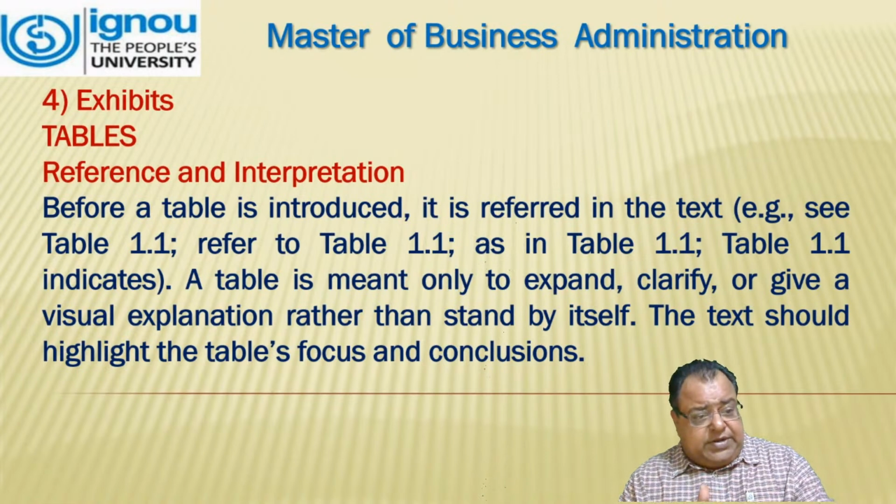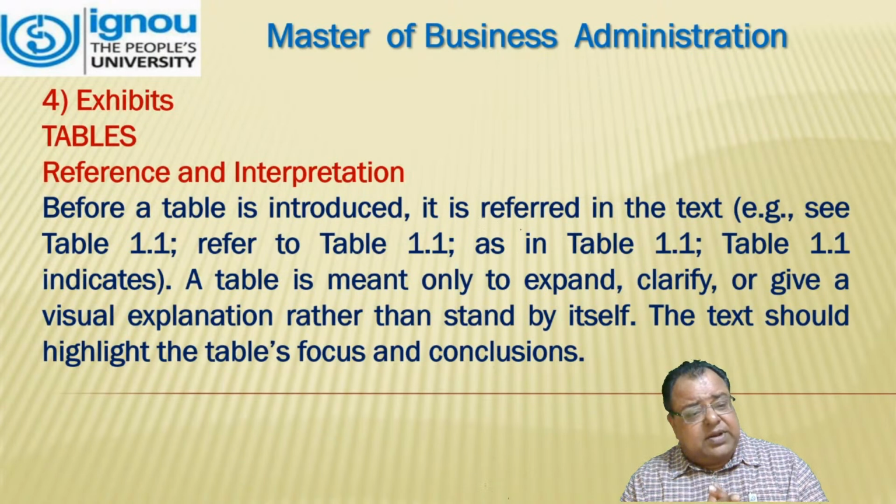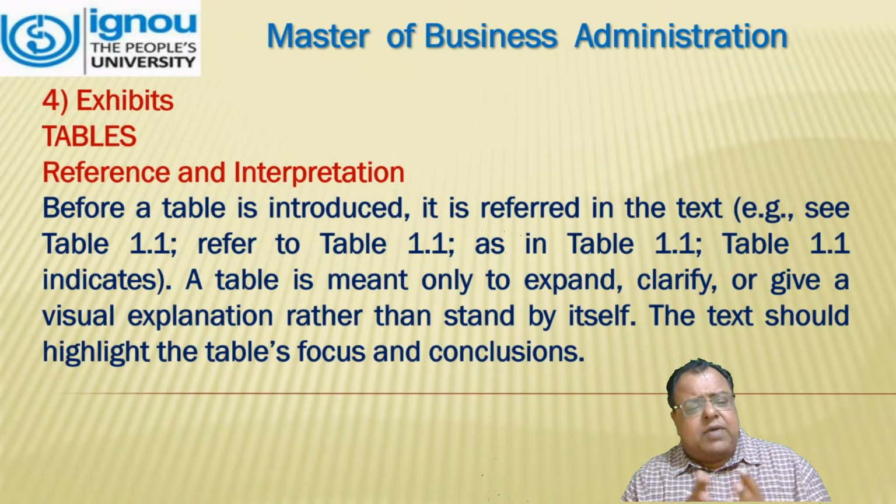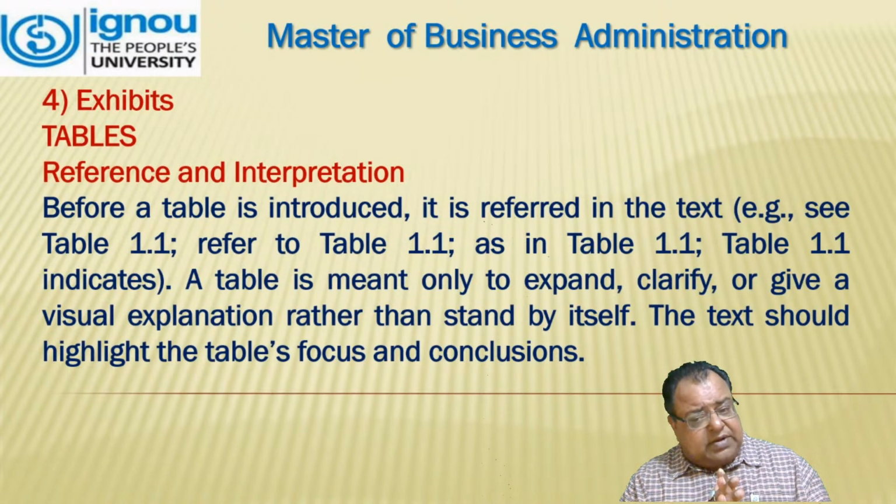References and interpretations. Before a table is introduced, it is referred to in the text. For example, see Table 1.1, refer to Table 1.1, or as in Table 1.1, or Table 1.1 indicates. A table is meant only to expand, clarify, or give a visual explanation rather than stand by itself.